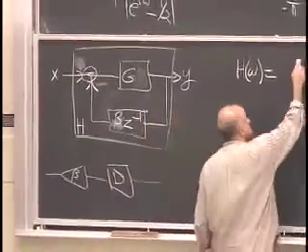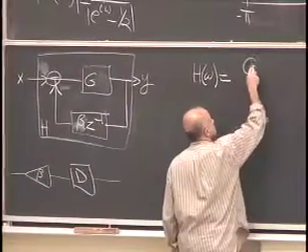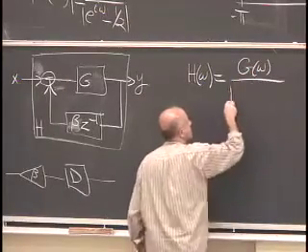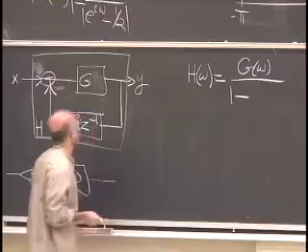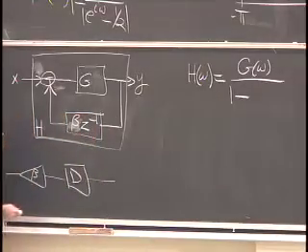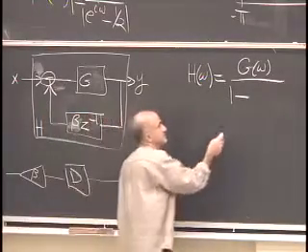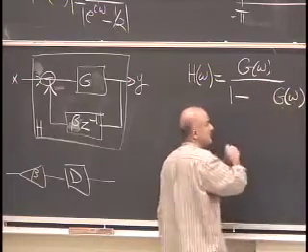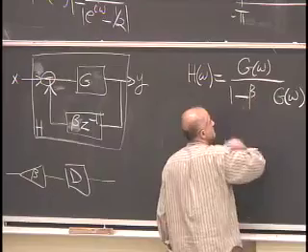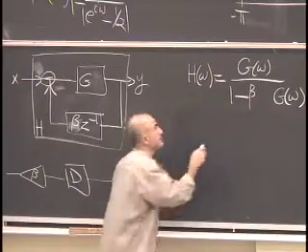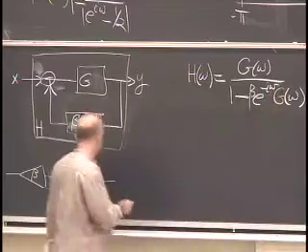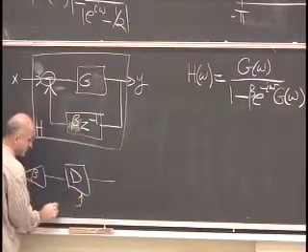Forward gain, which is G of omega, over 1 minus the loop gain. And what's the loop gain? Well, G is in there. What else? Beta e to the negative I omega. E to the negative I omega is the frequency response to this.